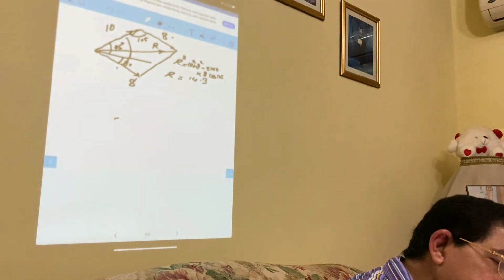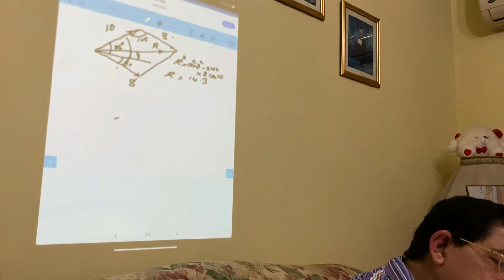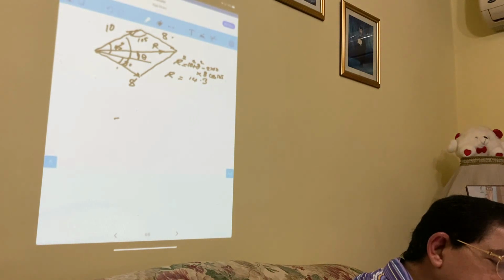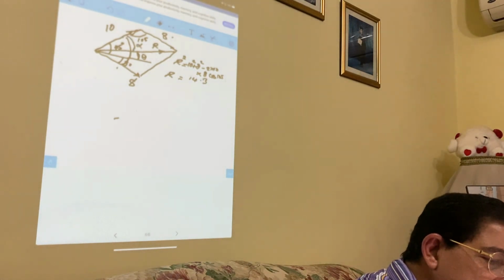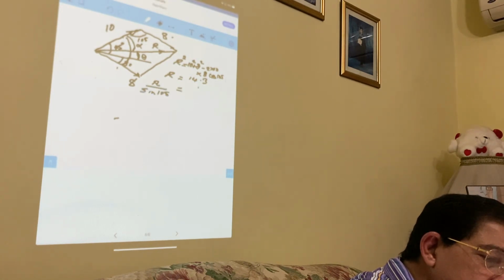If the resultant makes an angle theta there, then we will get this angle first. We call it alpha. Using the sine rule, R over sine 105 equals 8 over sine alpha.